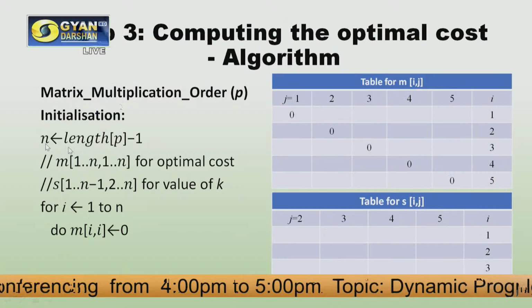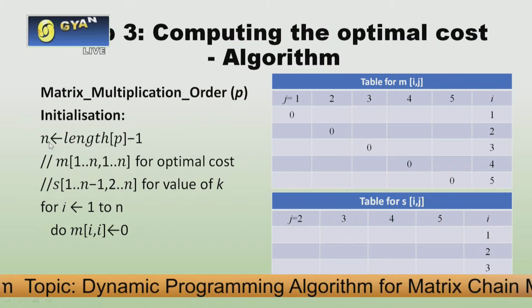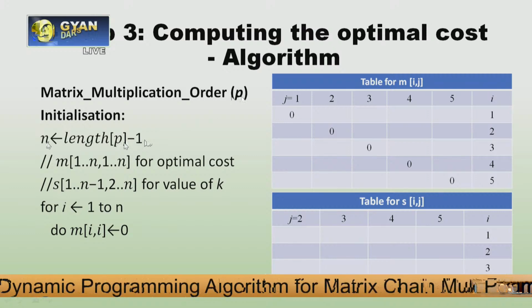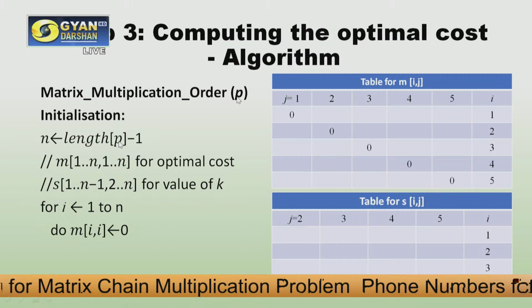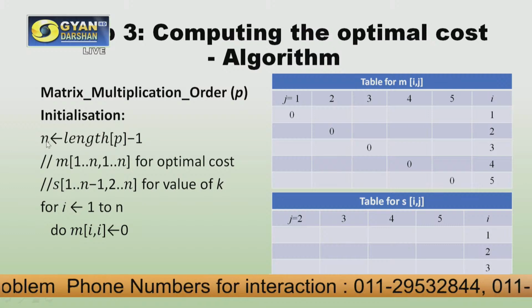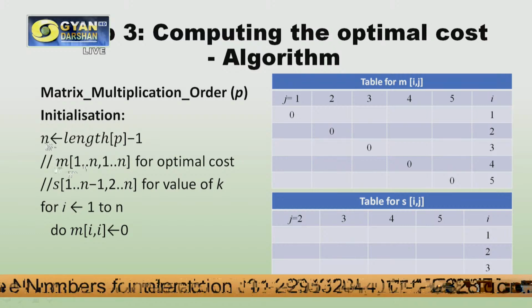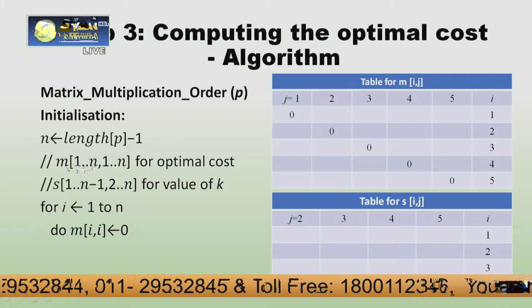In general, this is the first step of initialization. Find the number of matrices which you want to multiply based on the value of P. You are passing just a single-dimensional array P, so that P determines the number of matrices which we are trying to multiply. The second thing is that we need to declare M from 1 to n.